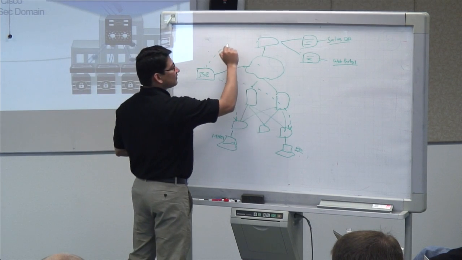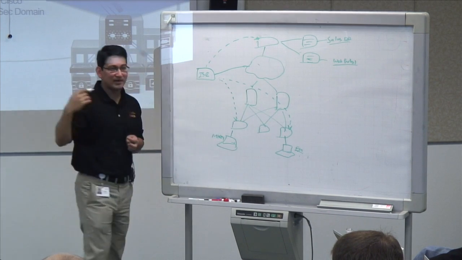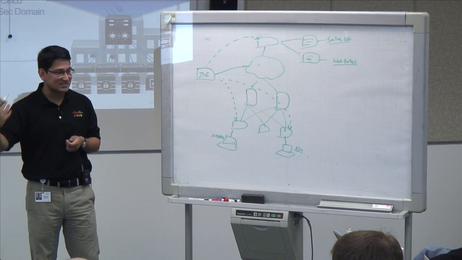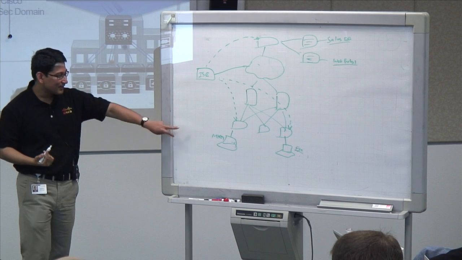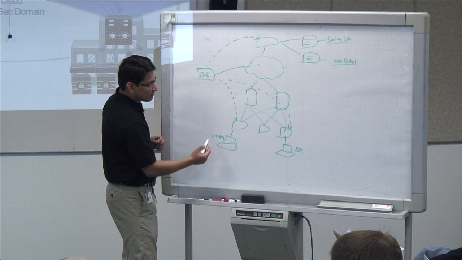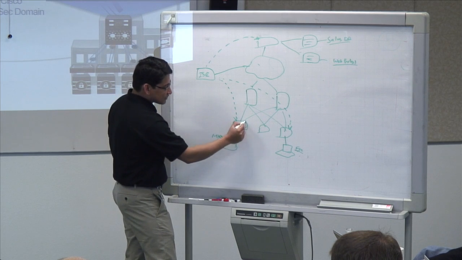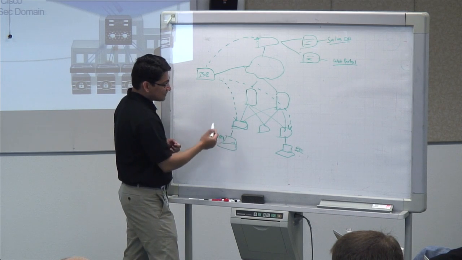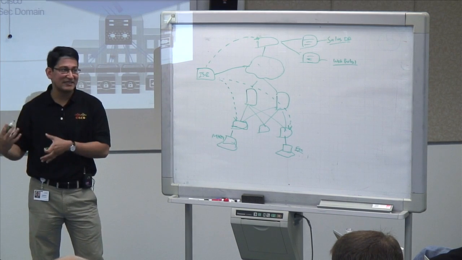So all of these switches are going to get the appropriate tag and role information around the source of that traffic and the destination of that traffic. Now, when any of these users start generating traffic, this switch is going to tag that traffic based on this particular user with the appropriate SGT tag.